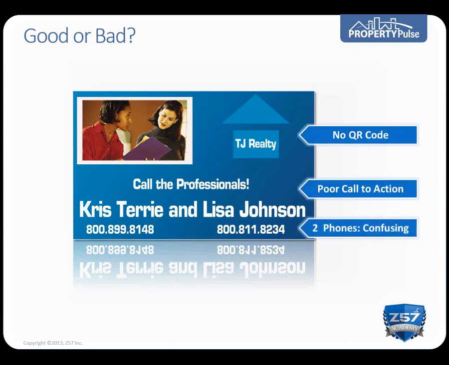Two phone numbers is confusing for prospects and hard to remember. And there's no URL. So business cards are a huge referral generator as clients hand them to friends. A referral who is just looking may not want to pick up the phone and talk to you. And in today's busy world, many prospects may be just looking for information after business hours. So make sure they know where to go. Just by adding on a URL, the business card will be more effective.